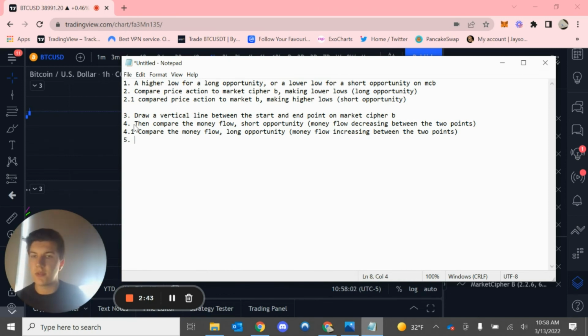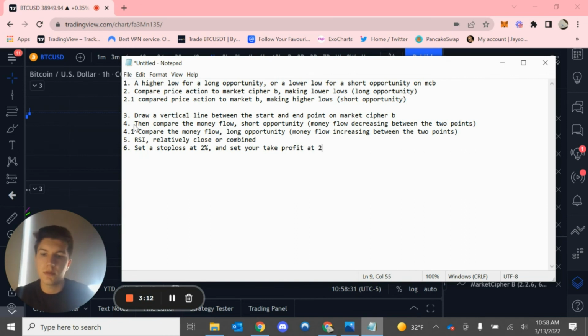Next, this isn't really as important, but you want to see RSIs relatively close or combined, and then you want to set a stop loss at 2% and set your take profit at 2%, and there you go.